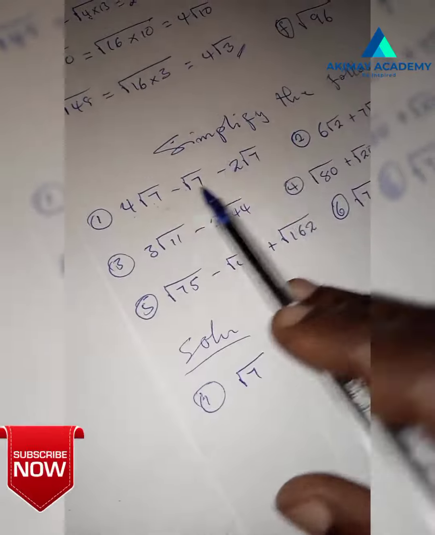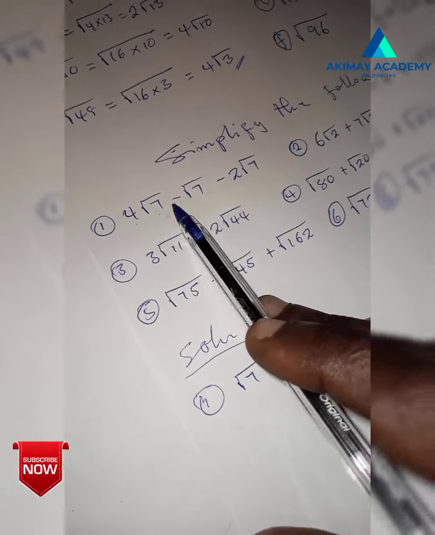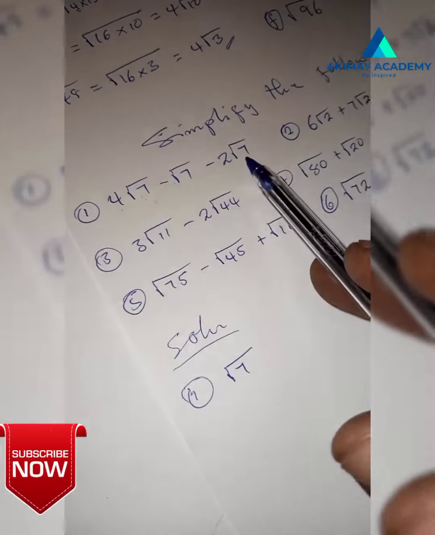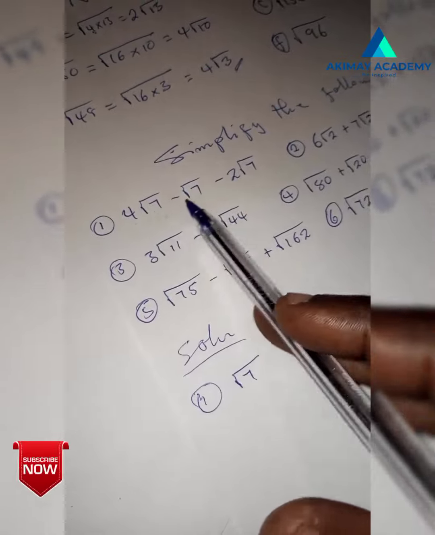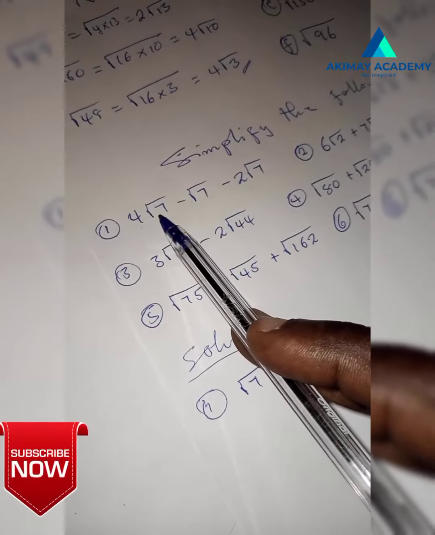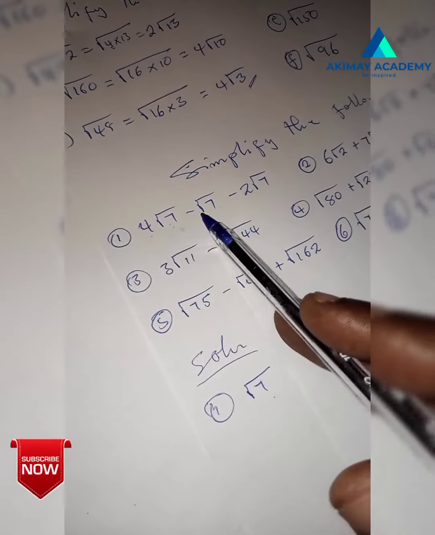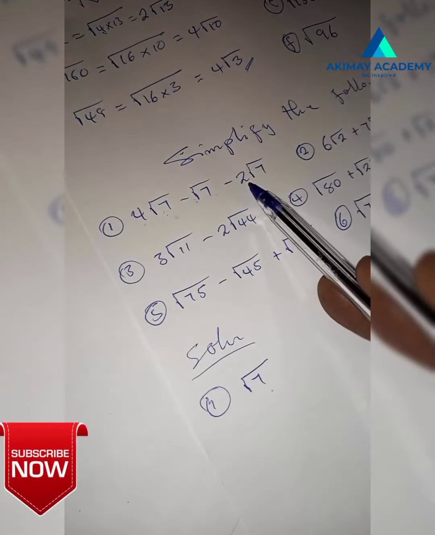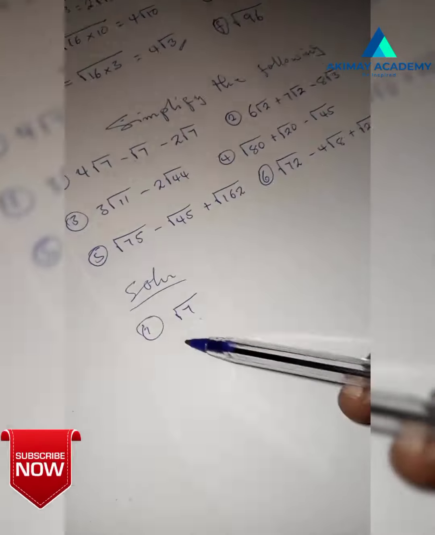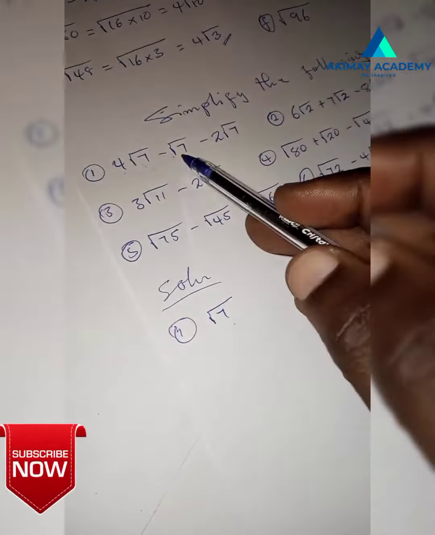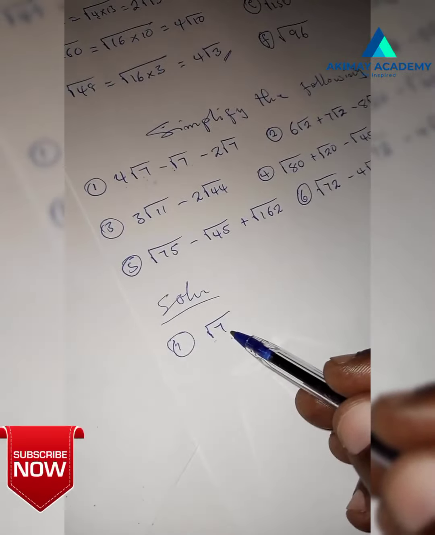Because they are all the same, we add or subtract the numbers in front of them, then we keep one of the surds, the number under the radical sign. So 4 minus 1 gives 3, minus 2 gives positive 1. Now 1 is over here, but we don't write it. So from example 1, when you do the subtraction, we are going to have root 7.